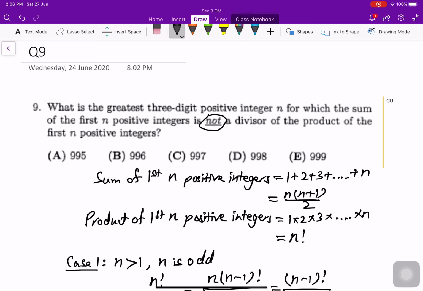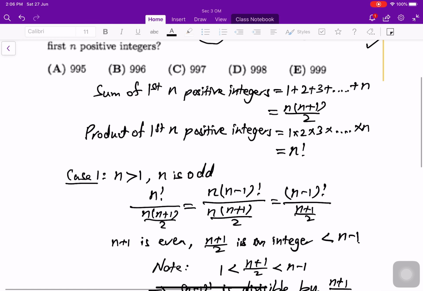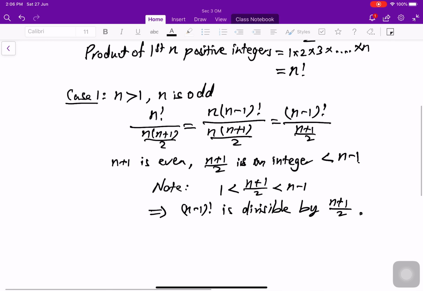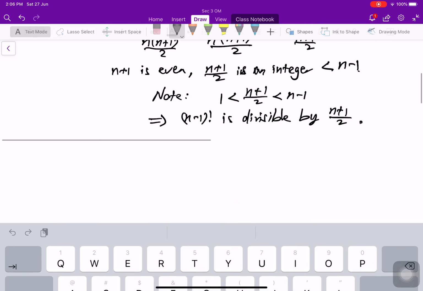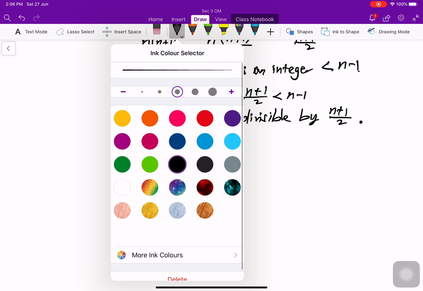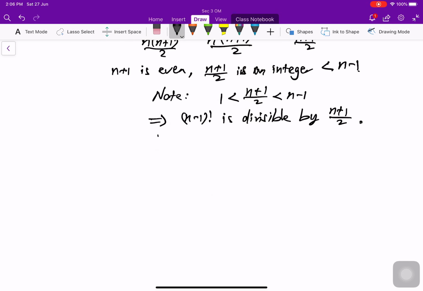Therefore, to fulfill the criteria of the question, you need your n to be even. So in this case, there's no solution. There is no such n. No solution to the question, right?